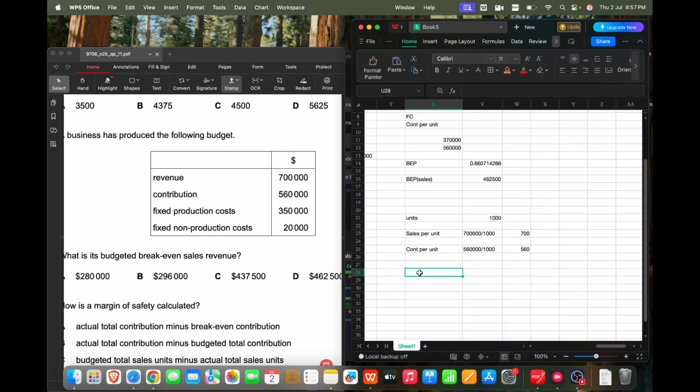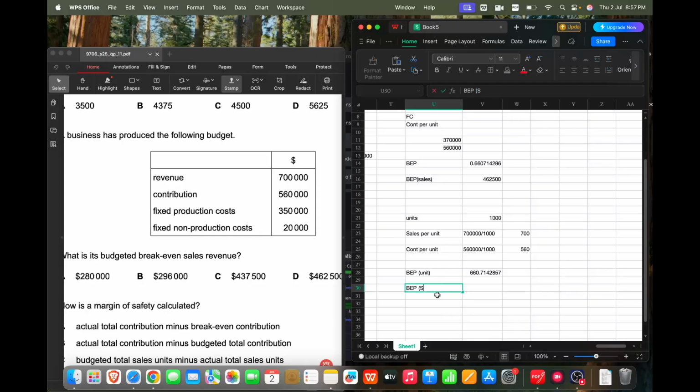So let's calculate BEP, which is total fixed cost 370,000, that is 350 plus 20, divided by 560, which is the contribution per unit, and this is my break-even unit. In order to calculate break-even sales, we'll multiply this unit with the selling price per unit.